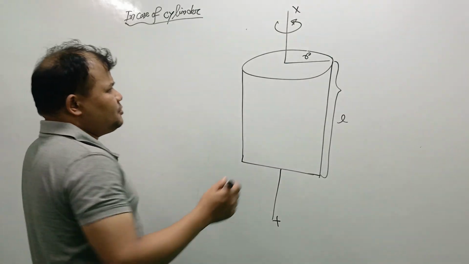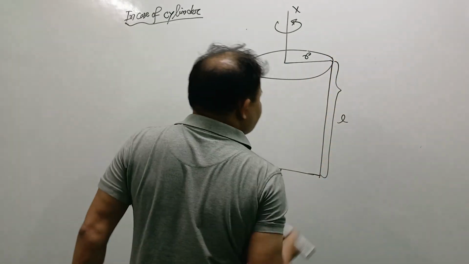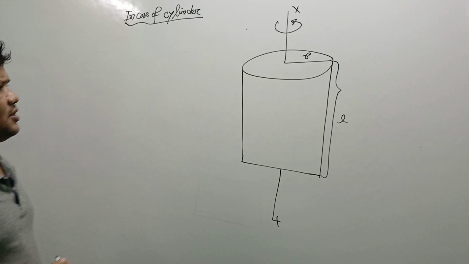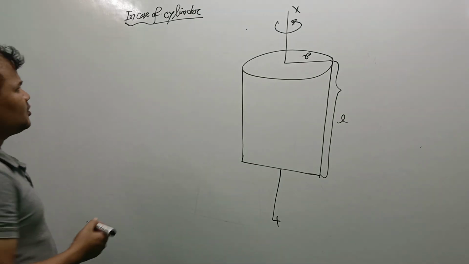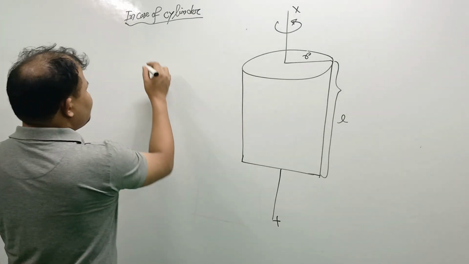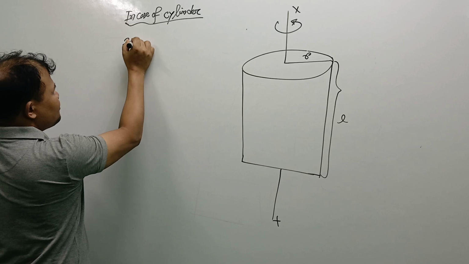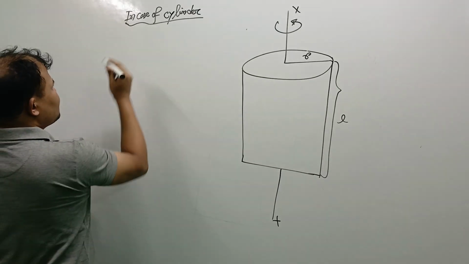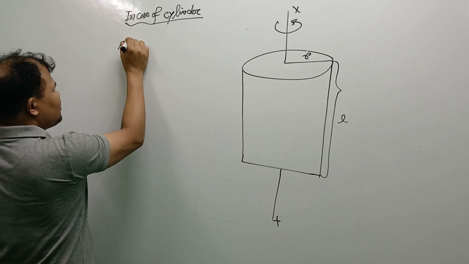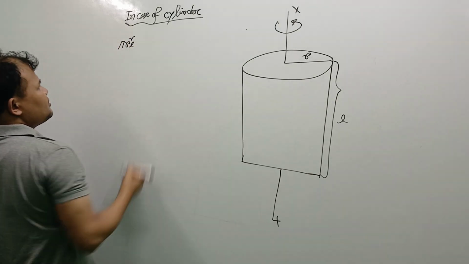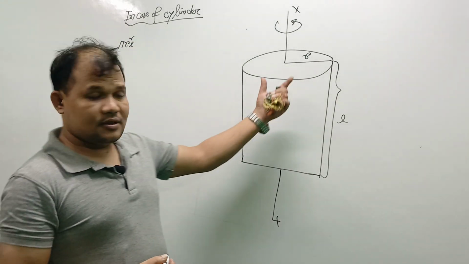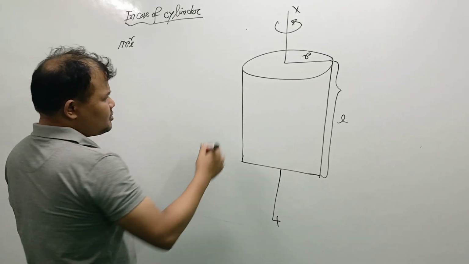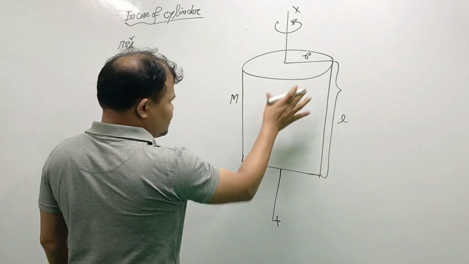At first, our duty is to find the total area of the cylinder. The total area of the cylinder will be twice pi r square L. Suppose the mass of the cylinder is m.